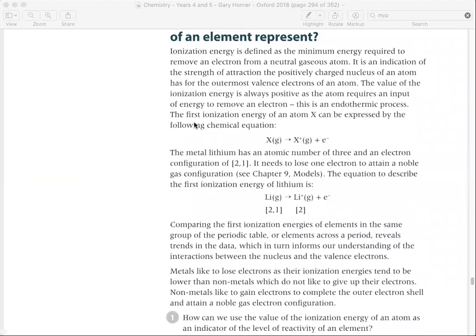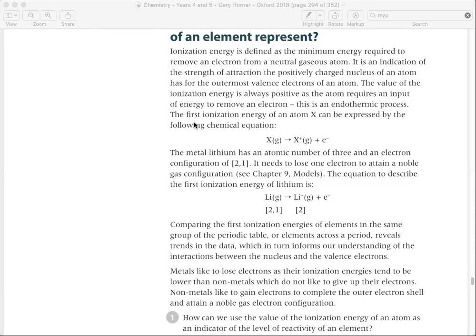You can take some questions. We have discussed first ionization for sodium, magnesium, aluminum, and nitrogen. So we have written equations in terms of electronic configuration.